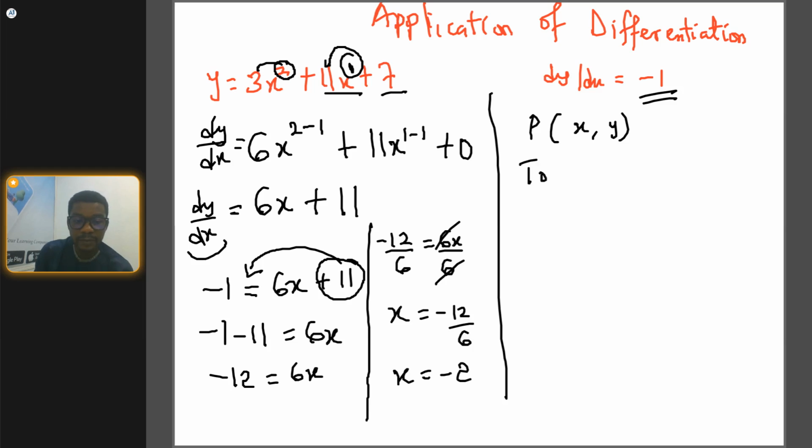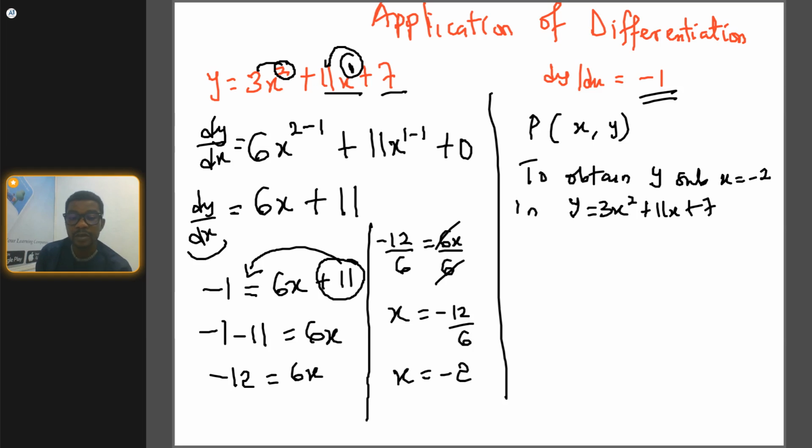To obtain y, which is the curve, substitute x equals -2 into y equals 3x squared + 11x + 7.